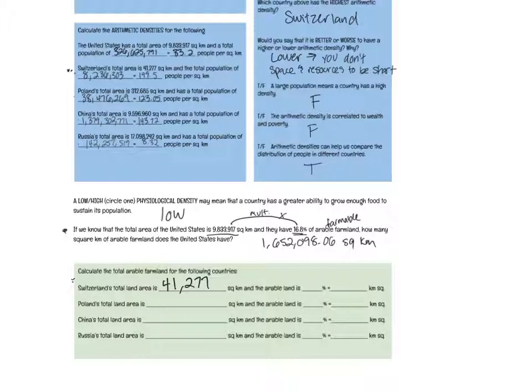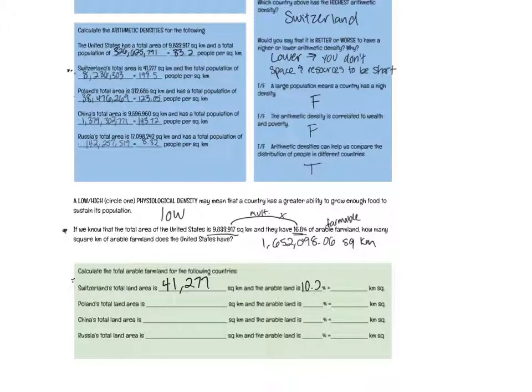Then you're going to go to the CIA Factbook website again, type in your country, but this time look underneath the geography tab, the second one. Scroll down to where it says agricultural land, and the arable land percentage is right there. For Switzerland, it is 10.2.